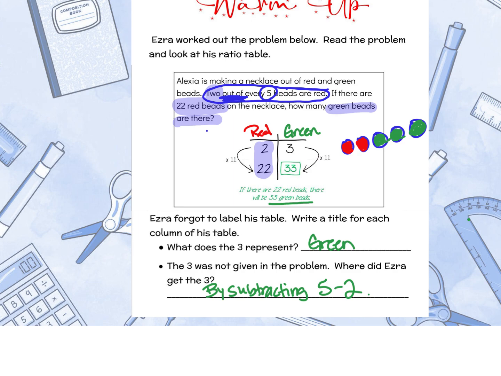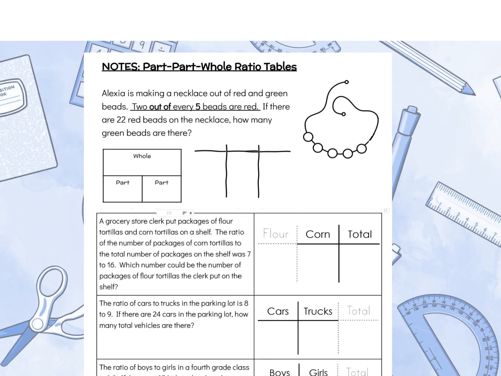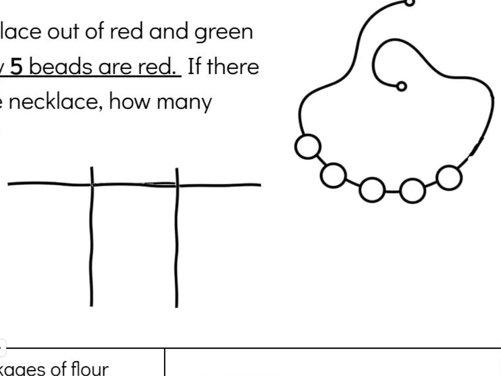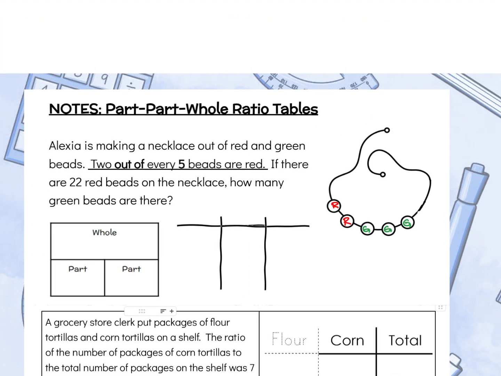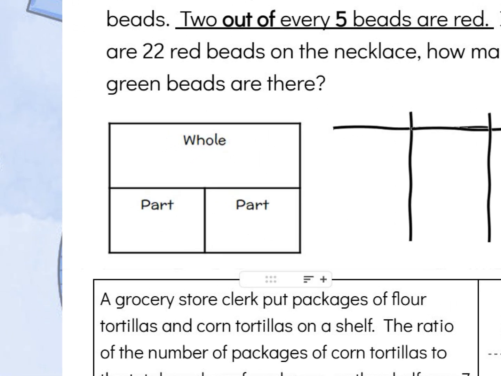Okay, so if we turn your paper over to the notes side, we are still looking at this same problem. So there's our little sketch there, and you can just label it red, red, and then we figured out the rest were green, green, green. Okay. So back in like first, second grade, you spent a lot of time doing addition and subtraction problems using a little graphic kind of like this, and we call it the part whole, right?